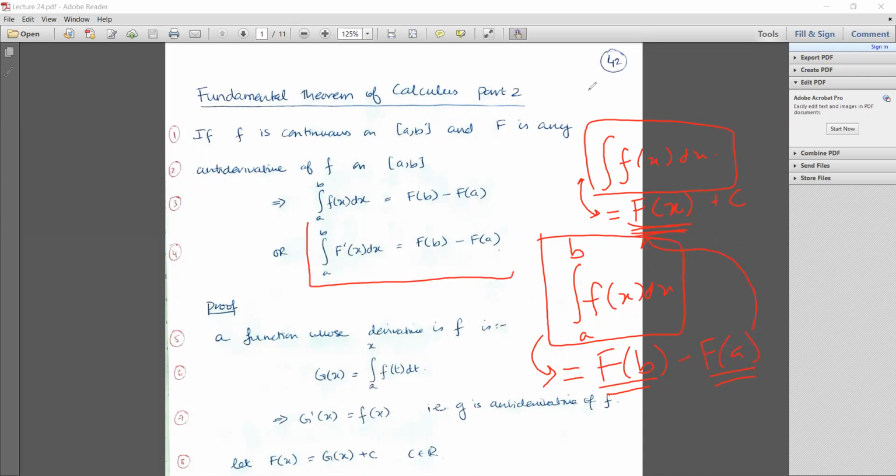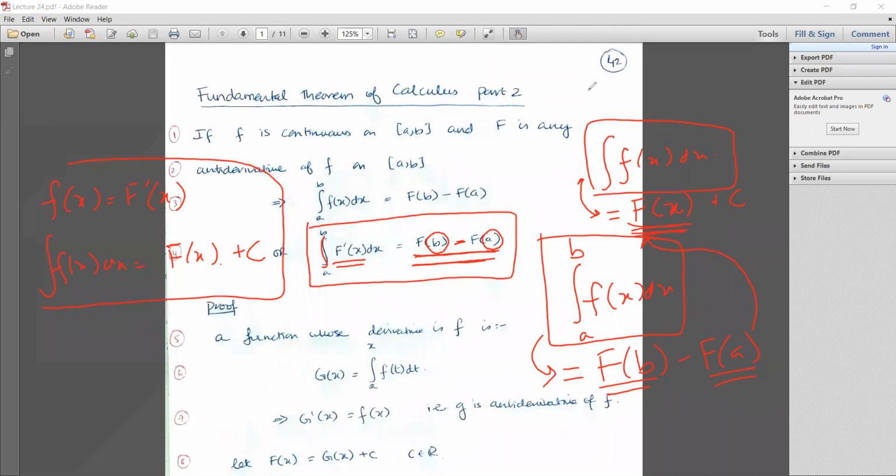If you want to write it another way, you can write it as this, that the definite integral of the derivative of a function is just that same function evaluated at the limits, meaning capital F at b, capital F at a, and then subtract. Right? So the relationship between small f and capital F is, you can write small f of x as either the derivative of capital F of x, or you can write the integral of small f of x is capital F of x.